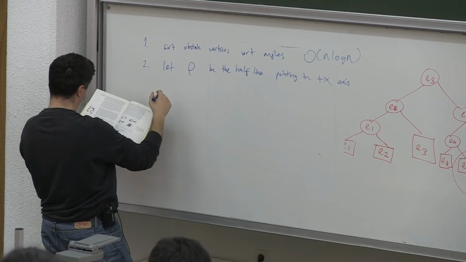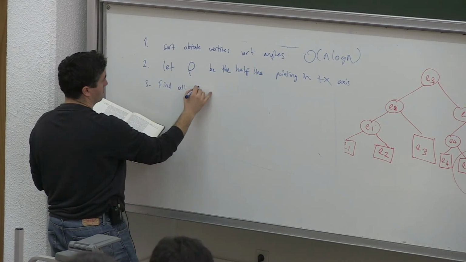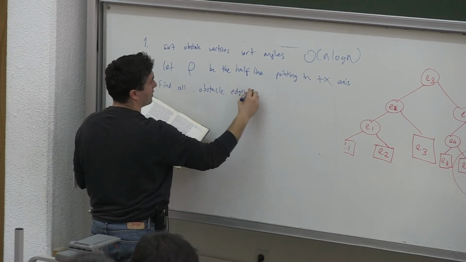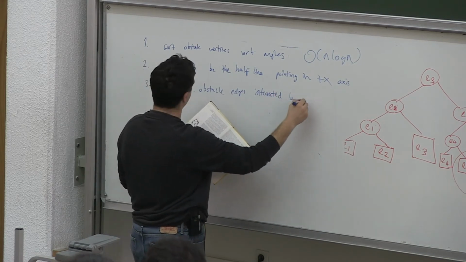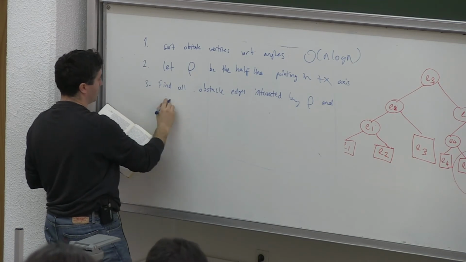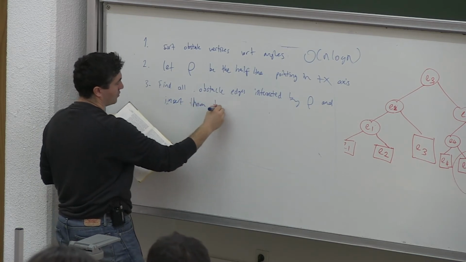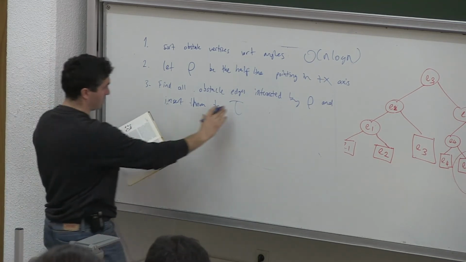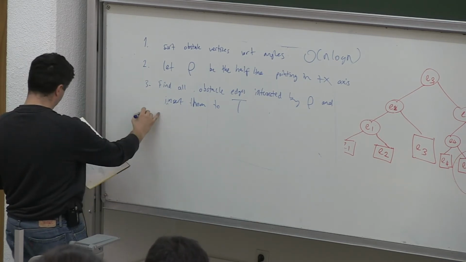And what we do is find all obstacle edges intersected by rho and insert them into our search structure, our tree T. Then the algorithm is like this.